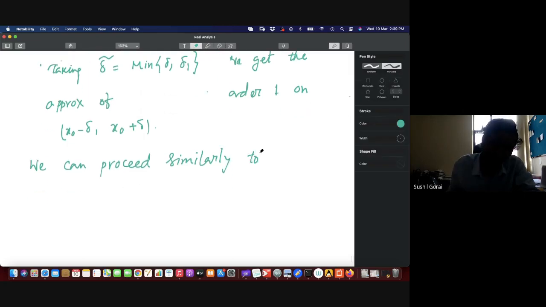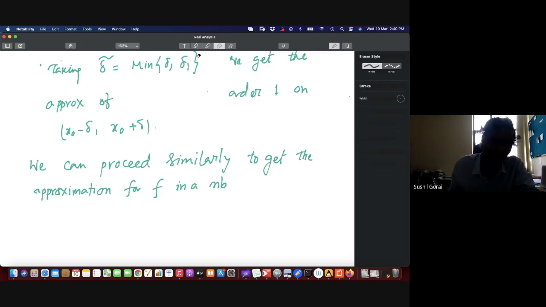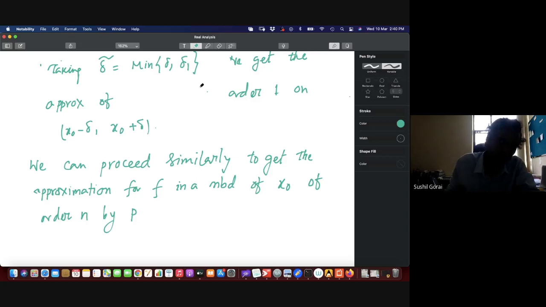So we can proceed similarly to get the approximation for f in a neighborhood of x naught of order n by the polynomial p.